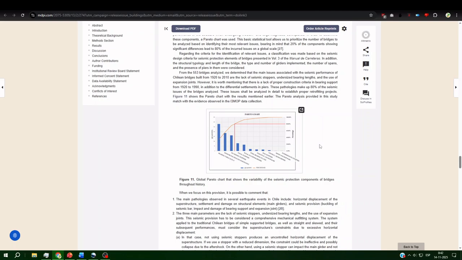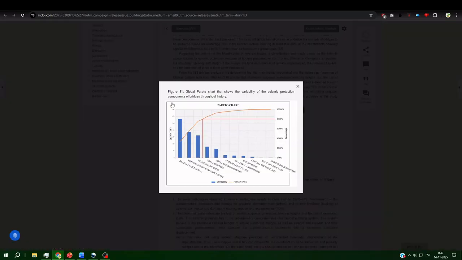these by frequency and impact, the Pareto analysis showed that three deficiencies alone: lack of seismic stoppers, undersized bearing lengths, and the use of expansion joints constitute 80% of all seismic performance problems.